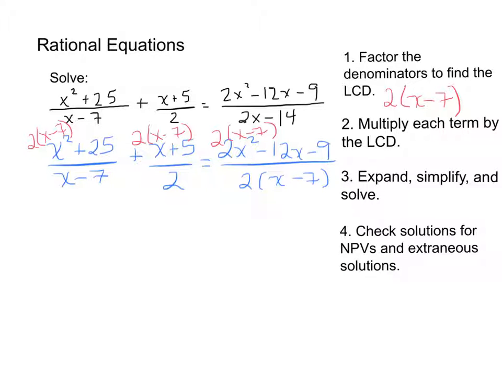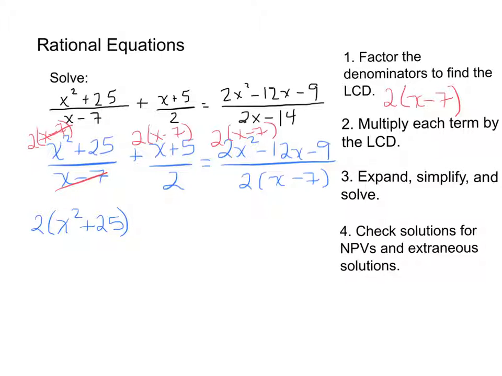And what happens then is some things will cancel out. So in the first one, the x minus 7 and the x minus 7 cancel out, and we're left with 2 times x squared plus 25. But there's no denominator anymore, or the denominator is 1, because it canceled out, so now it's not rational anymore.